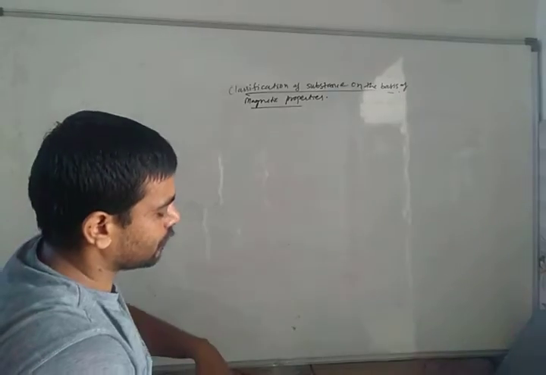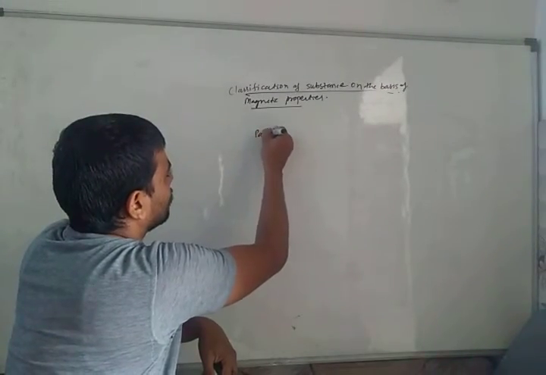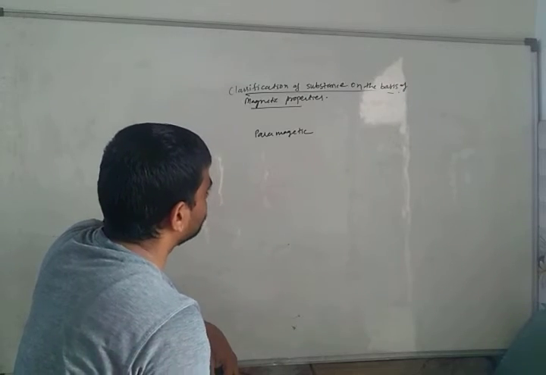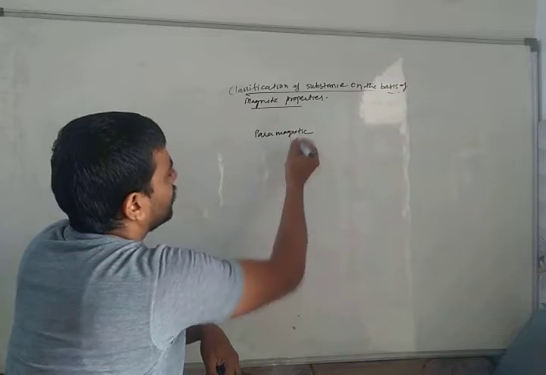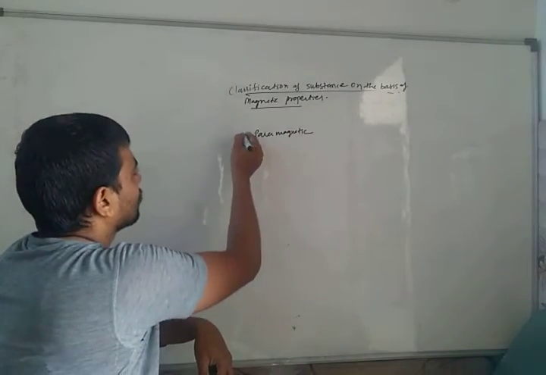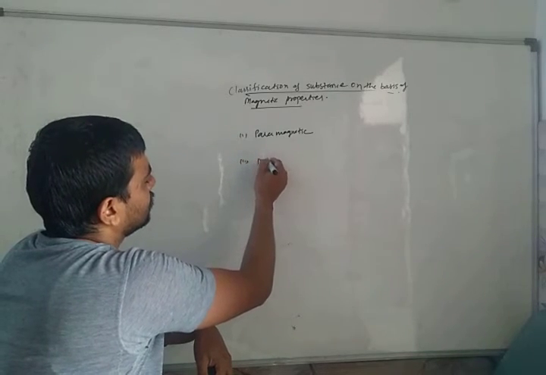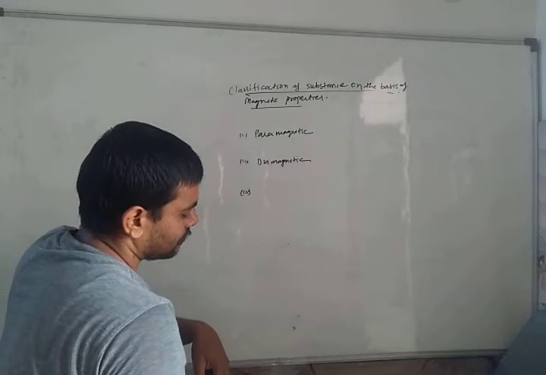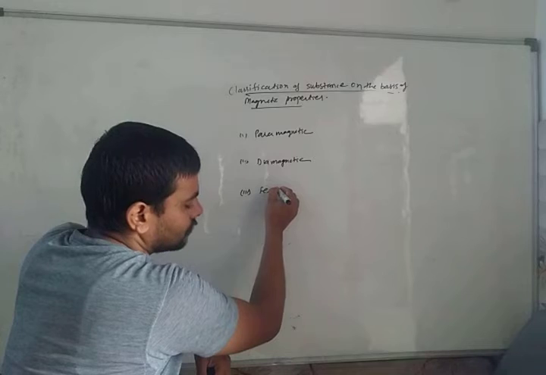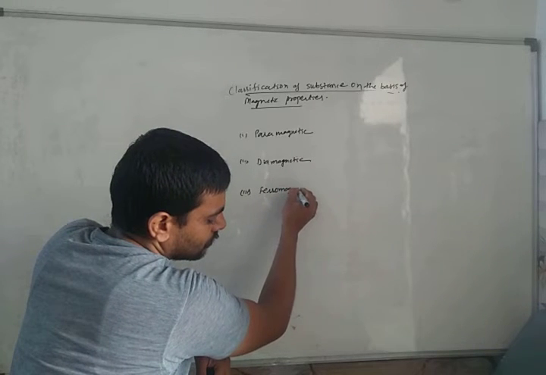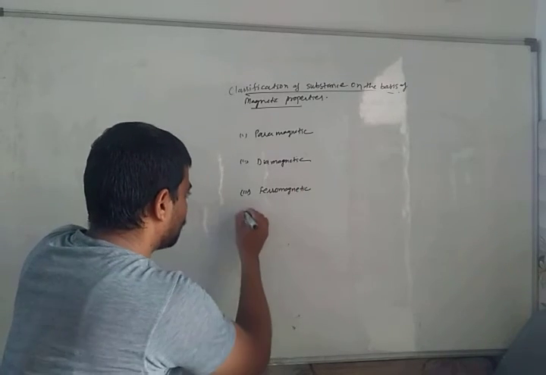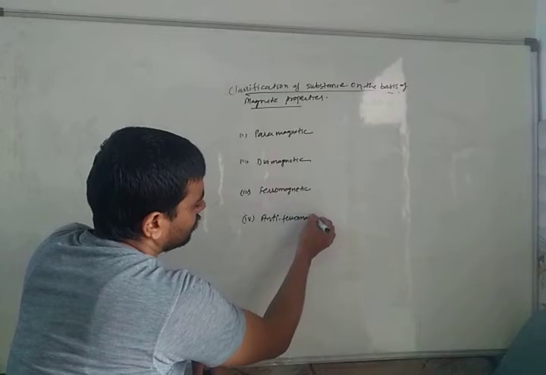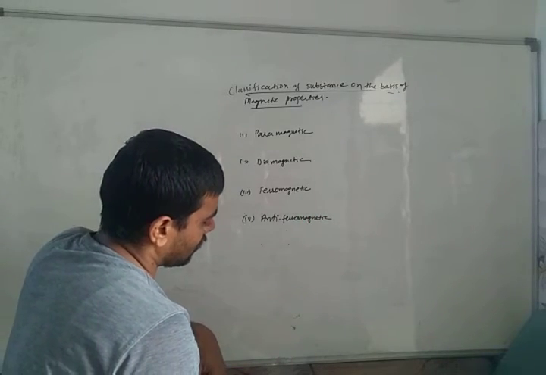On the basis of magnetic properties, substances are classified as paramagnetic, second one is diamagnetic, third one is ferromagnetic, fourth one is antiferromagnetic, and the last one is ferrimagnetic.